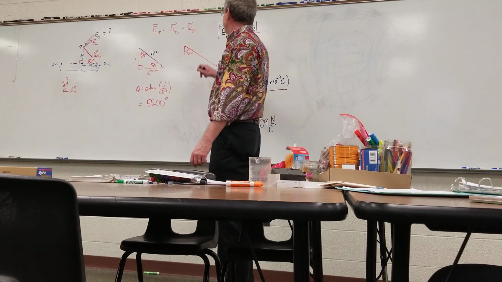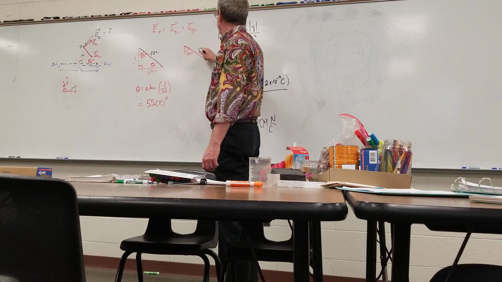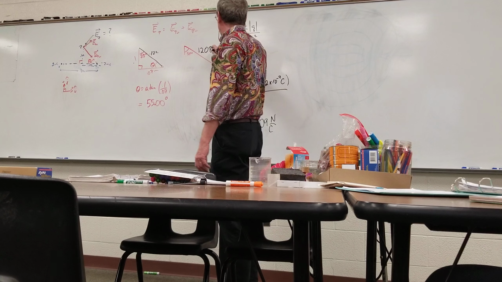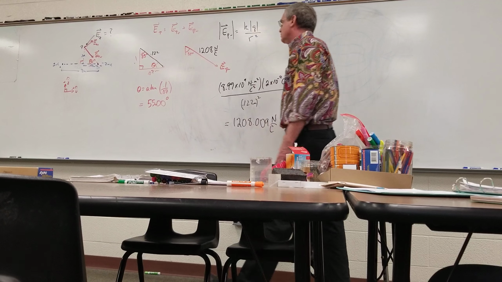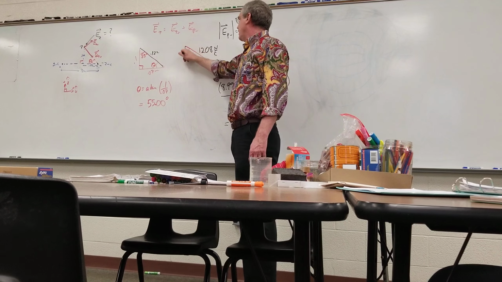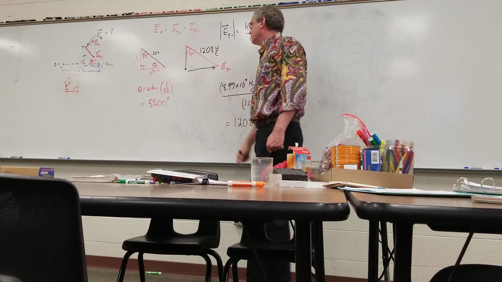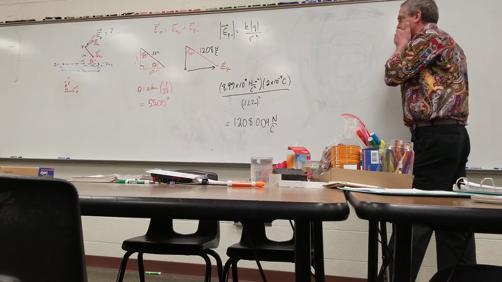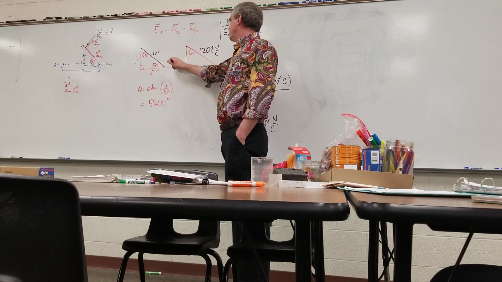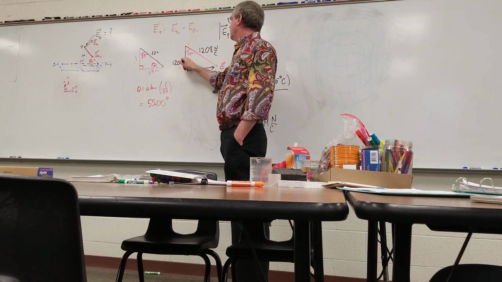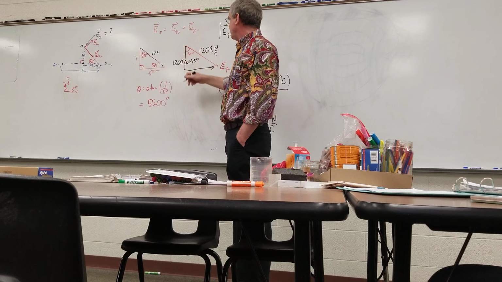So we now have the magnitude 1,208. I'm just going to round off, Newtons per coulomb at this 35-degree angle from the vertical. We now need to figure out how far down and how far over. This is the adjacent to the 35, so this is 1208 cosine of 35 degrees, or you could have done sine of 55.